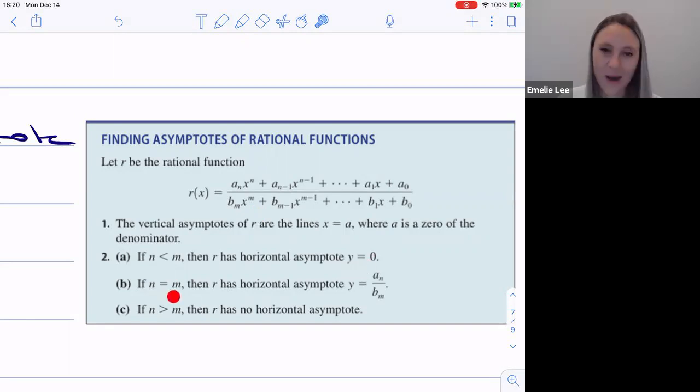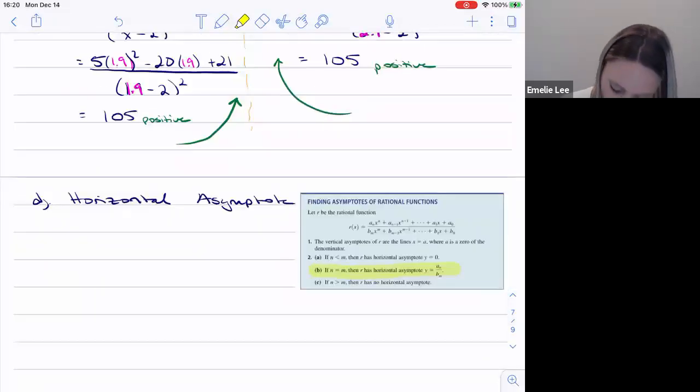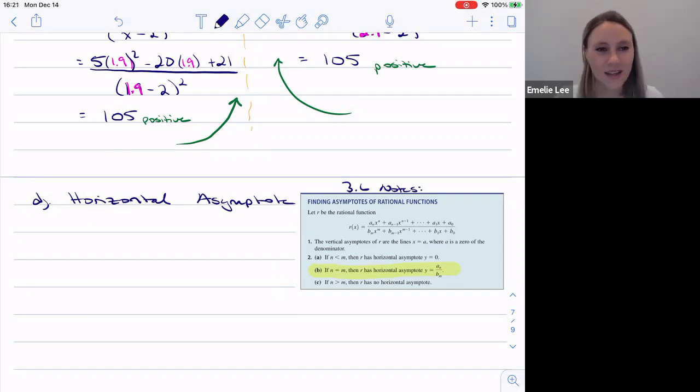If n equals m, which is the case that we have, then we have a horizontal asymptote at y equals an over bm. So that's the coefficient of the numerator over the coefficient of the denominator. And then if n is greater than m, then there's no horizontal asymptote. I think. And maybe I'll make a note here, 3.6 notes, right? All of these are in the 3.6 notes.